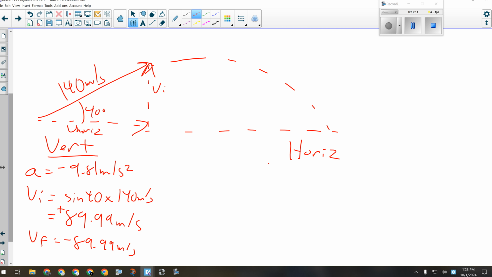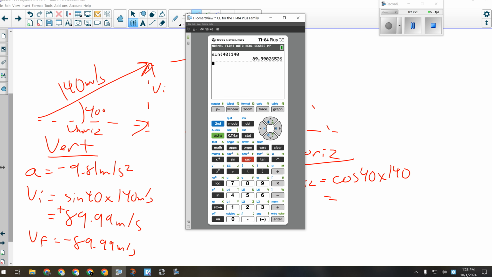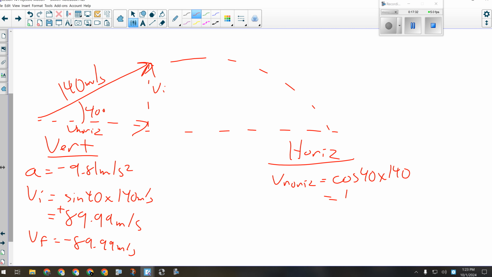All right, over to the horizontal stuff. V horizontal is the adjacent side, so cos of 40 times 140. So that's going to be 107.25. I'm trying to find the horizontal displacement first.